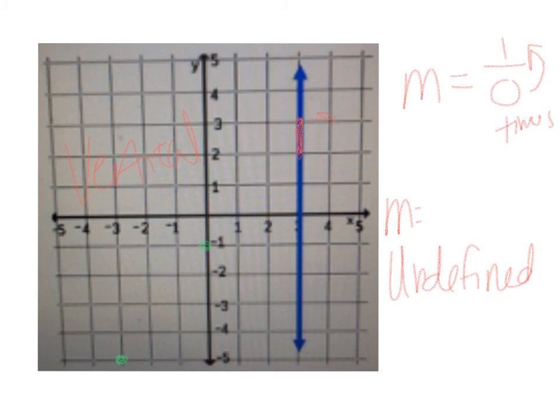Okay, so in this one, if I were to connect it, starting at this point right here, we go up 4 and we go over 3. So our slope of the green line over here would be 4 over 3. Now sometimes we feel like if the numerator is bigger than the denominator, we have to change it to a mixed number. But this is my reminder that you cannot change it to a mixed number.